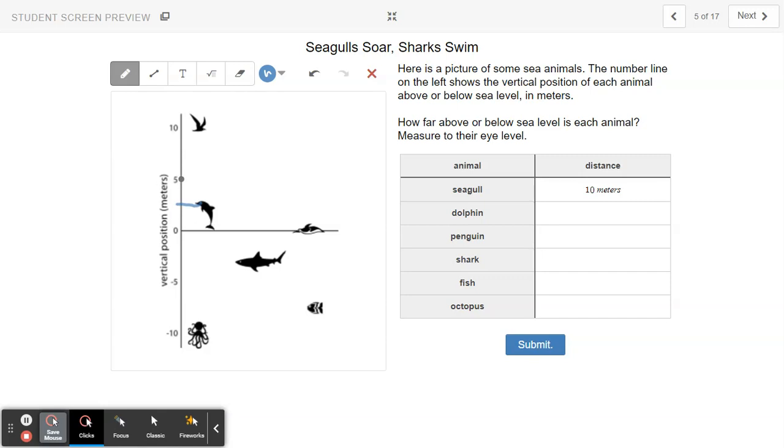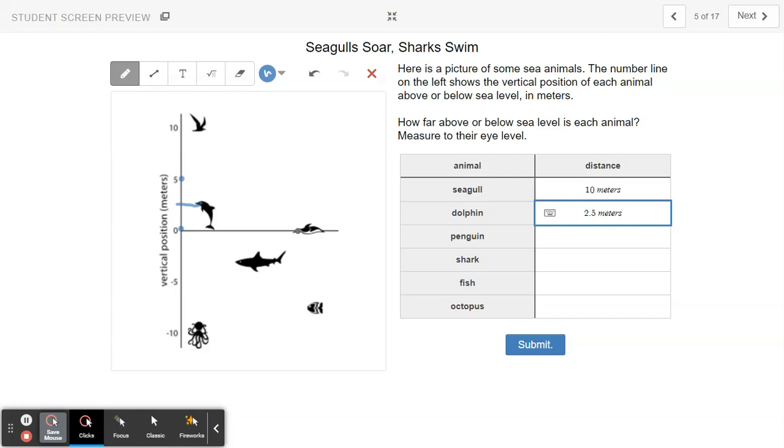I look at this and I think it's about halfway in between 0 and 5, right? So personally, I would say that it's at about 2.5 meters from sea level, right? The distance here is 2.5 meters. Some people say it's 2 meters. Some people say it's three. Either way, I would accept two, 2.5, or three.